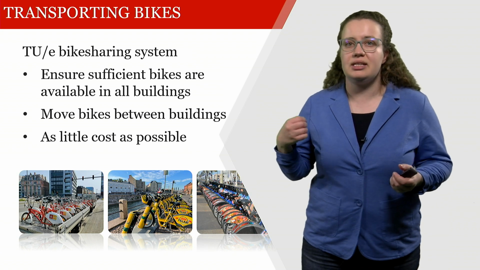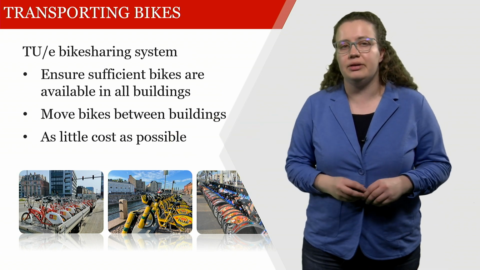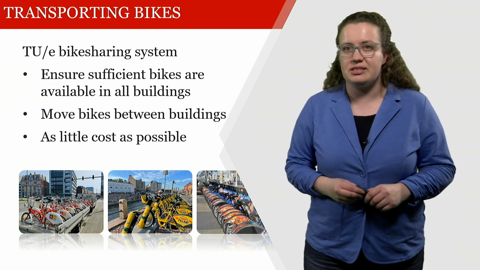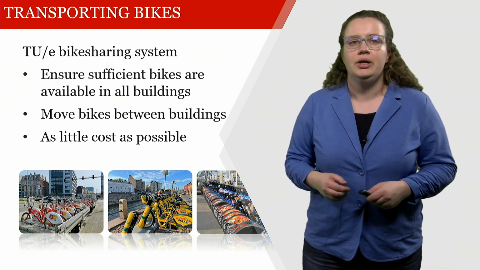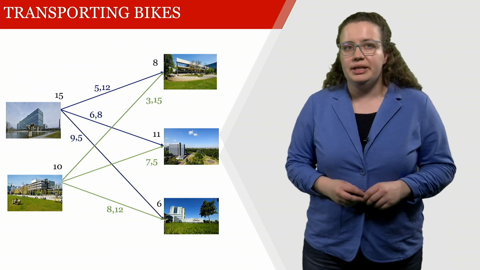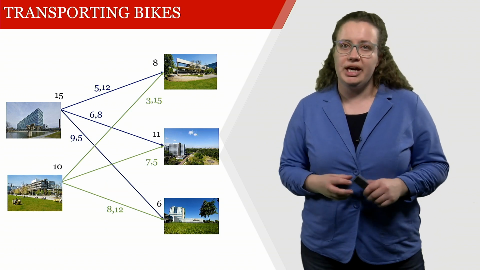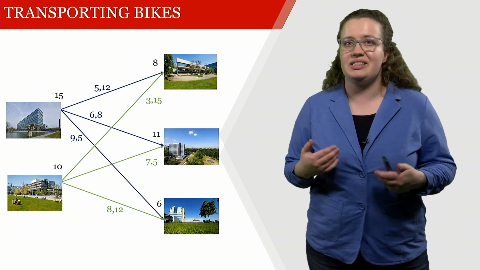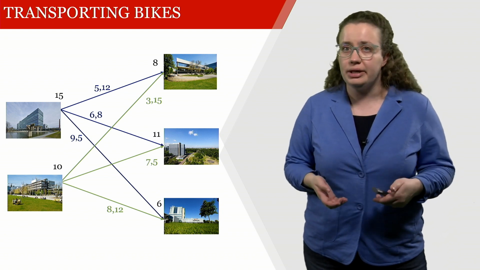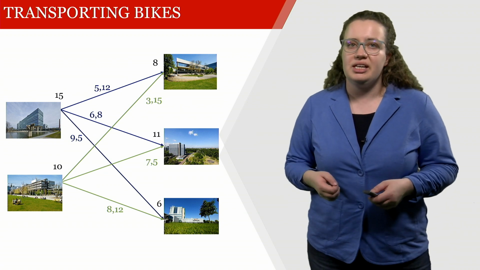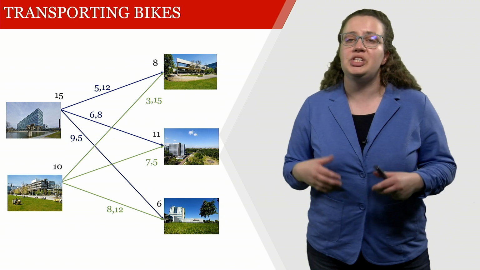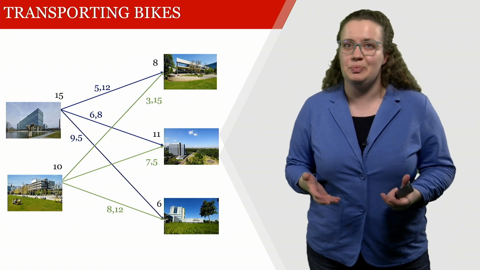So for instance, they're loading bikes onto a truck, like here in this example picture, which is from a bike sharing system in Antwerp. Here we have two locations on the left, Atlas and Gemini, which have more bikes than they actually need, and we have three locations on the right, which are the Auditorium, Luna, and Vertigo, which have fewer bikes than they need.